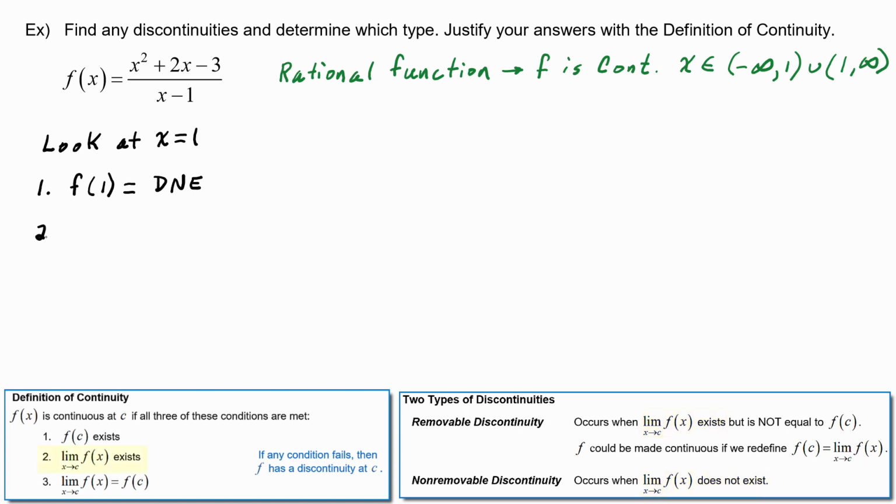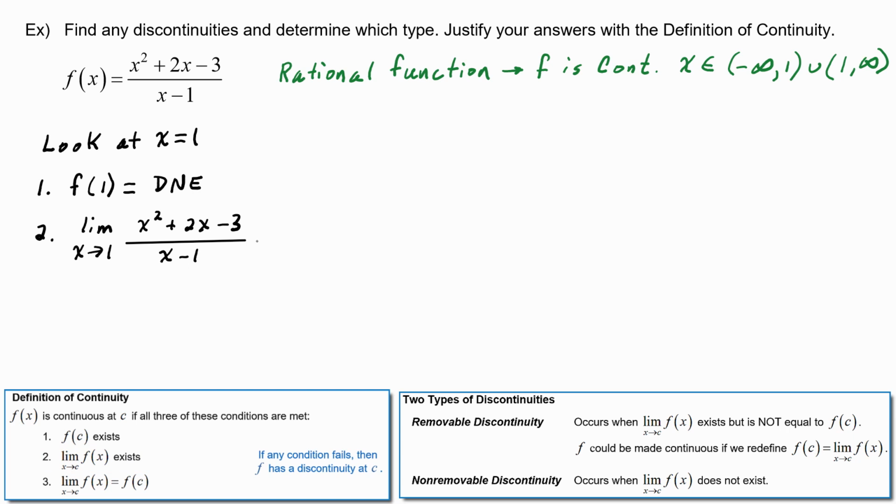So in step 2, we look at the limit as x approaches 1 of x squared plus 2x minus 3 over x minus 1. Now, we learned how to evaluate these limits.